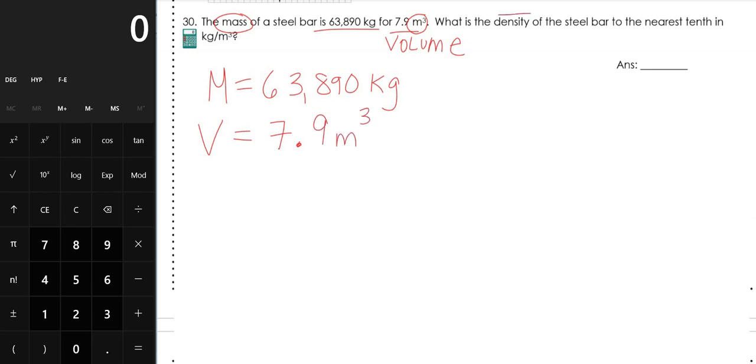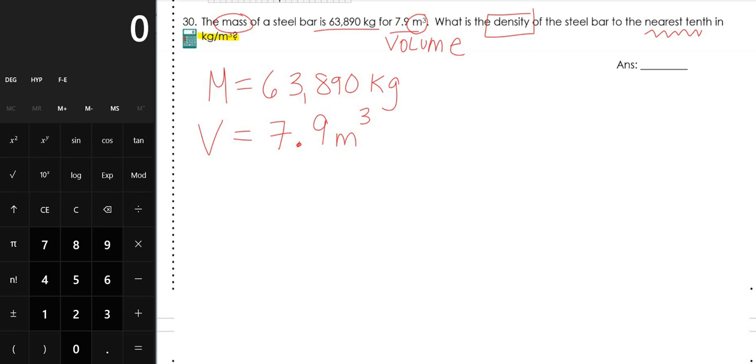What is the density of the steel bar to the nearest tenth? Okay, density. If you remember from the last question, we have a special little density triangle that we could use to figure out this answer. Now, even if you don't remember the density triangle, look at how they want your answer. Kilograms per meters cubed.